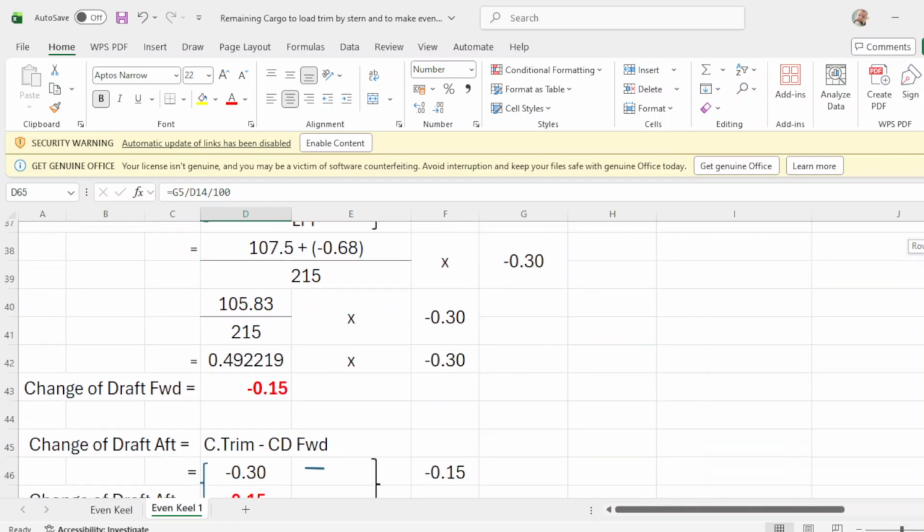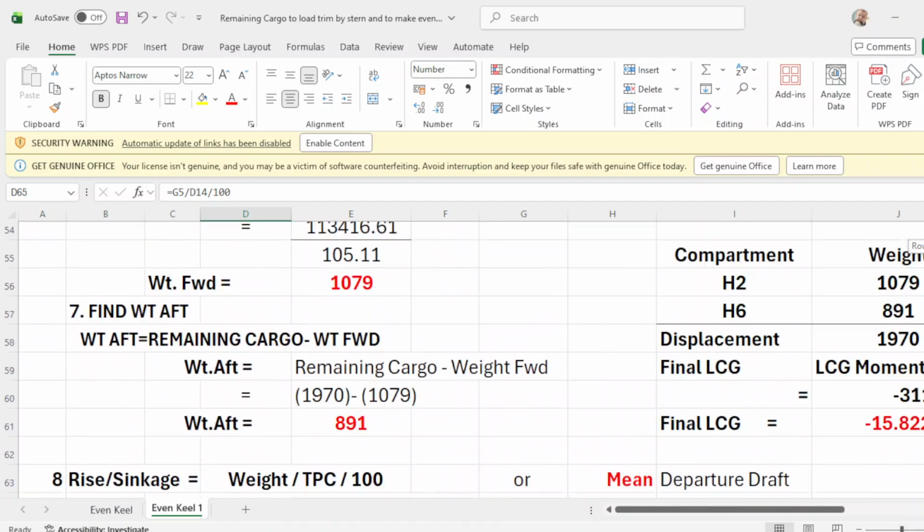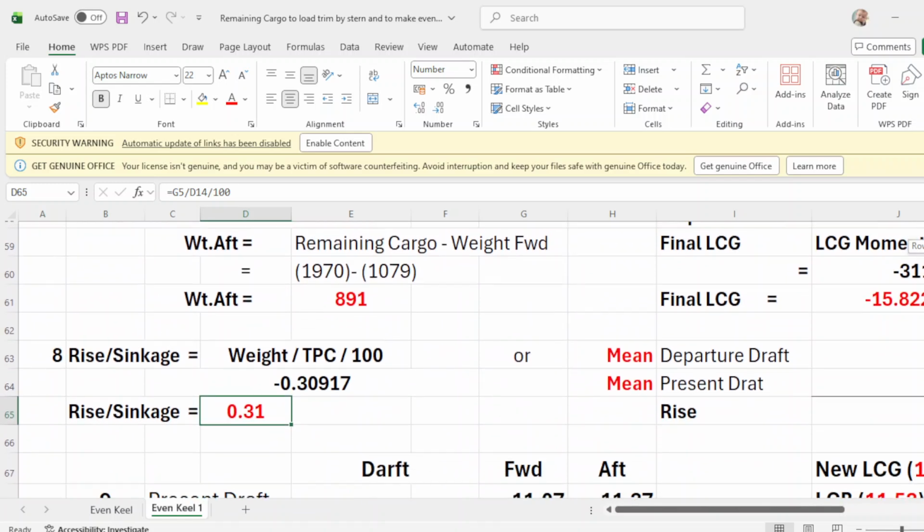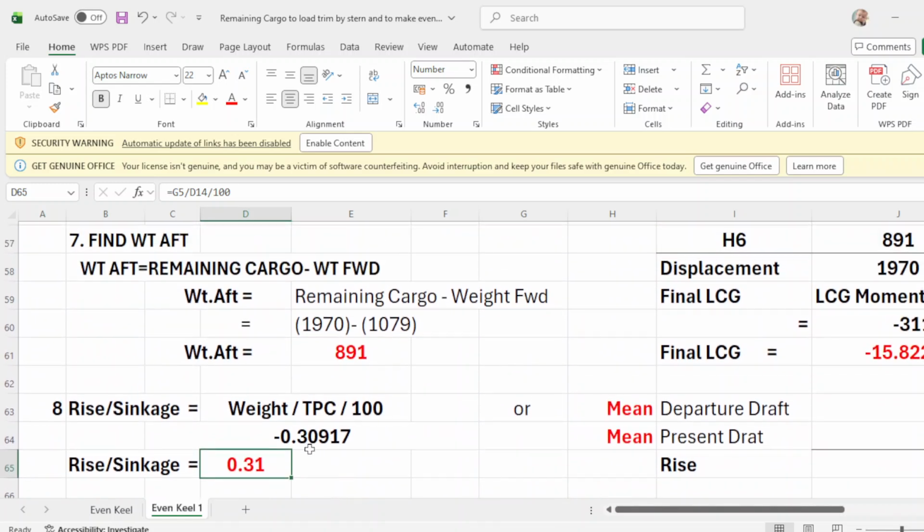Okay, 63.12 times 100. If you press this one, so your weight is 1970, your TPC is 63.12 times 100, and you will get the value of 0.31. So this is your sinkage.